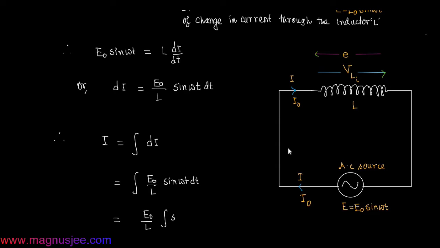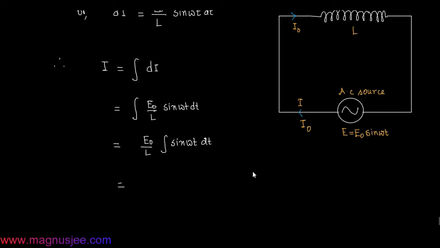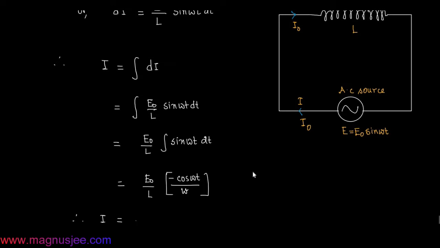E0 by L is taken outside the integration, so E0 by L integration of sin omega t dt is E0 by L times minus cos omega t divided by omega. Therefore, I is equal to minus E0 divided by omega L cos omega t.